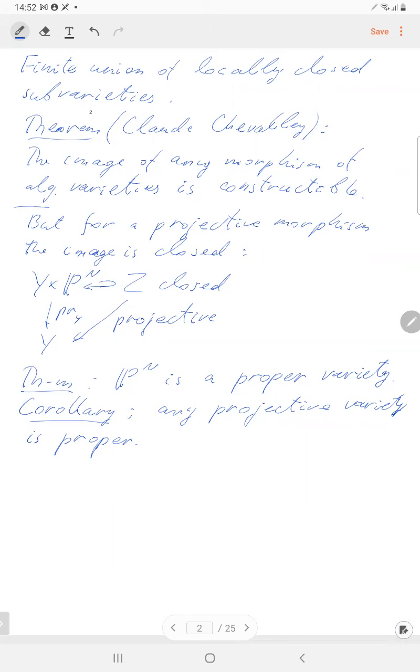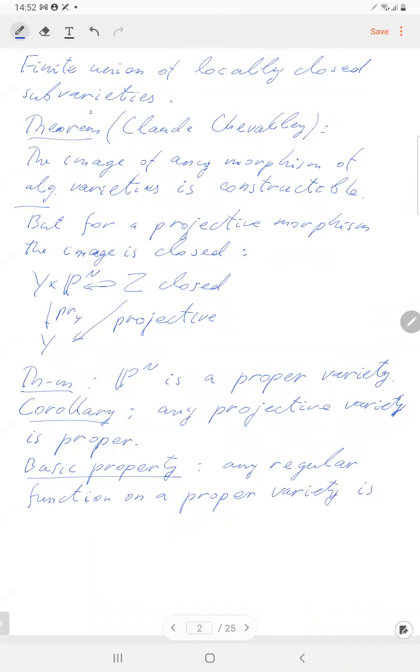And maybe before I prove it and before I forget, let me formulate another corollary, or maybe basic property: any regular function on a proper variety is constant.